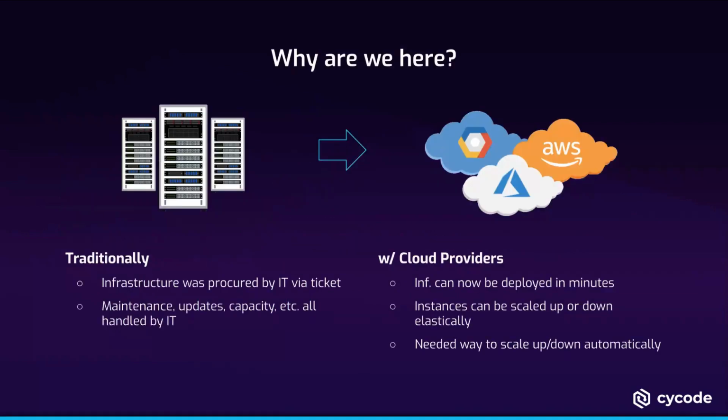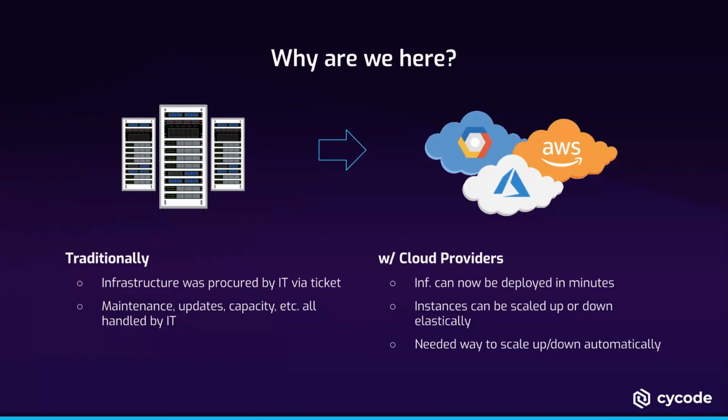All right. So we'll start things by talking about infrastructure as code and where we are and how we got here. Traditionally, when your application development teams needed infrastructure to run their applications and programs, essentially they needed to procure it by way of an IT ticket. So, you go into a ticketing system, you tell IT, this is what I need.